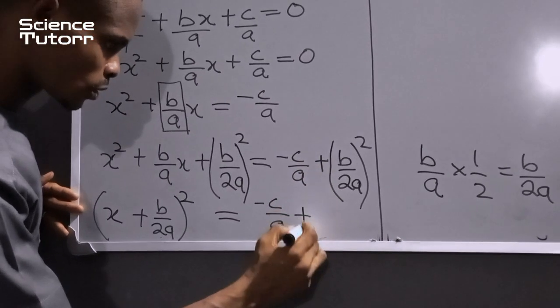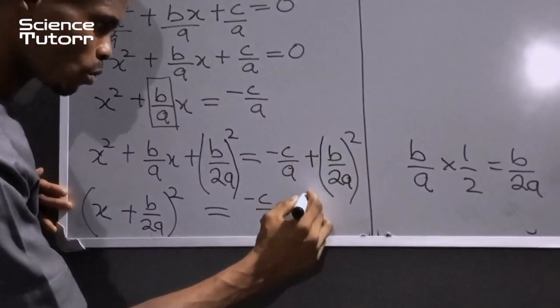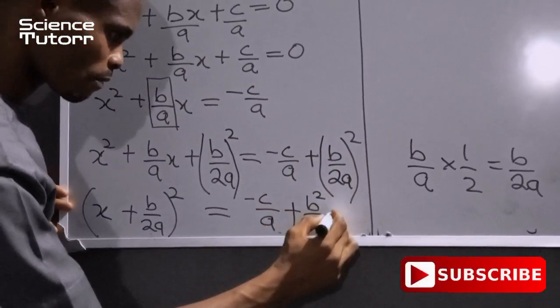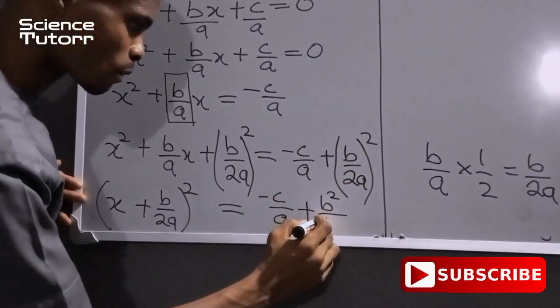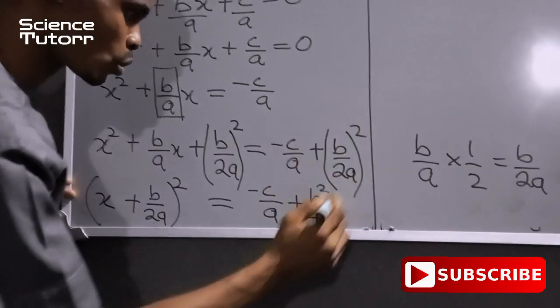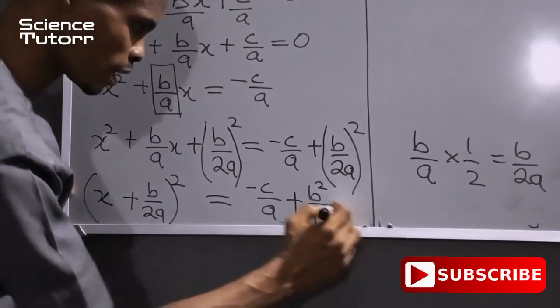This is a plus, b raised to power 2 is b squared divided by 2a raised to power 2. 2 raised to power 2 is 4, a raised to power 2 is a squared.